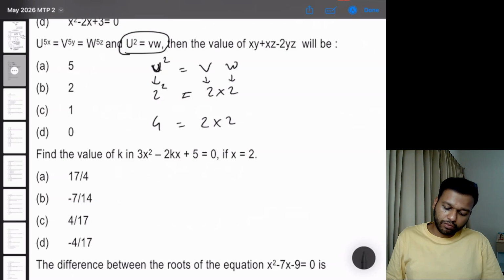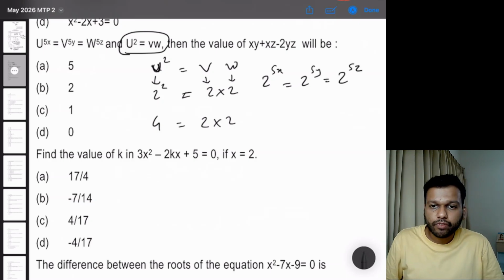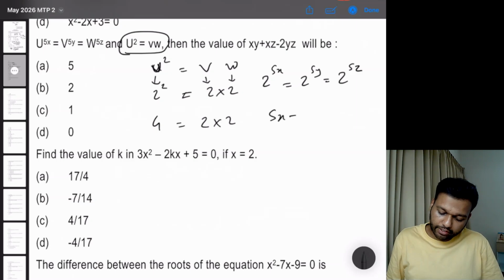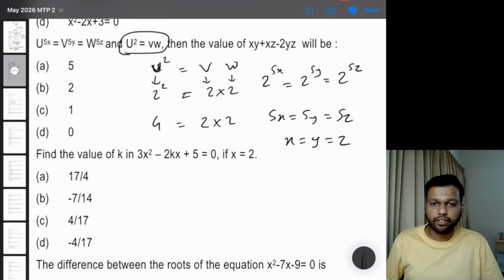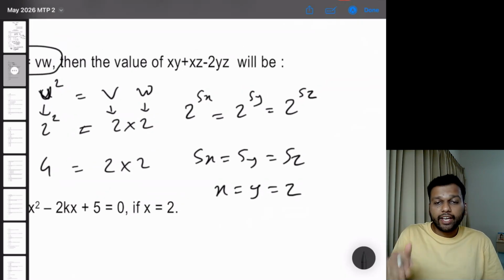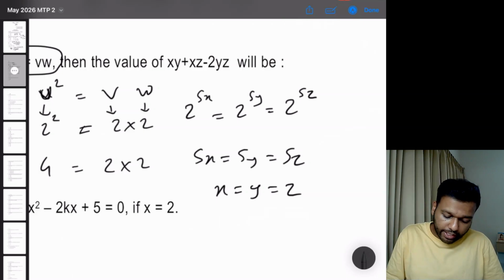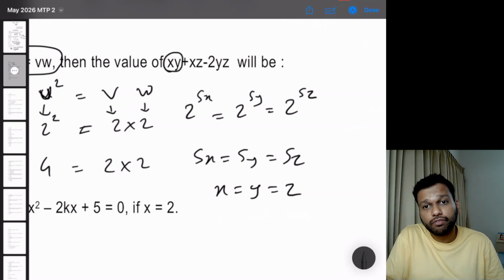So that means we know that 2 raised to 5x is equal to 2 raised to 5y is equal to 2 raised to 5z, right? That means we know 5x is equal to 5y is equal to 5z. That means x is equal to y is equal to z. So x, y, z, everything is same. So can I just write x in place of y and z?